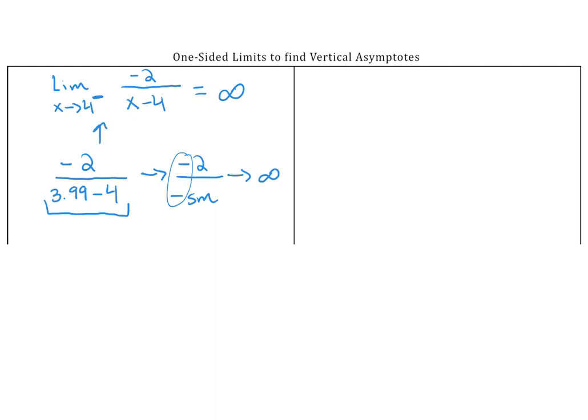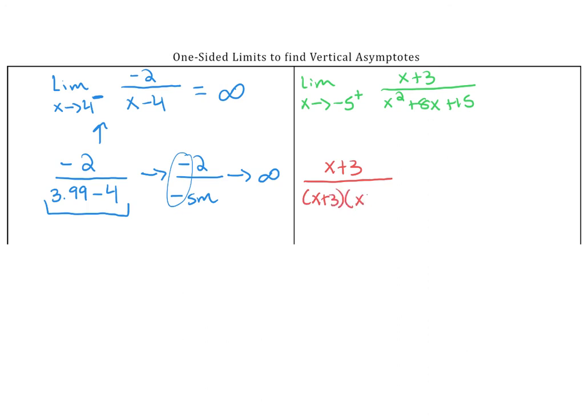Okay, last example. The limit as x approaches negative 5 from the right of x plus 3 over x squared plus 8x plus 15. Let's first factor this. x plus 3 over x plus 3 times x plus 5. Let's think about that for a second. That's a hole at x equals negative 3 and a vertical asymptote at x equals negative 5.